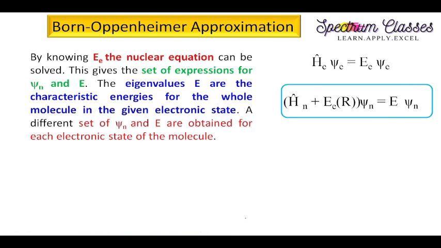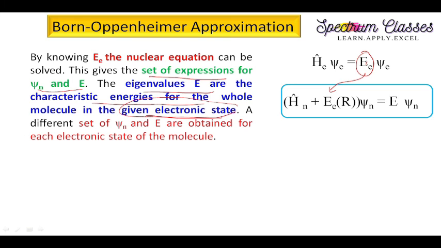Now coming to the nuclear part. By knowing the electronic eigenvalues, we put these in the nuclear part and we get the expression for psi n and E. Here the eigenvalues E are the characteristic energies for the whole molecule in the given electronic state.